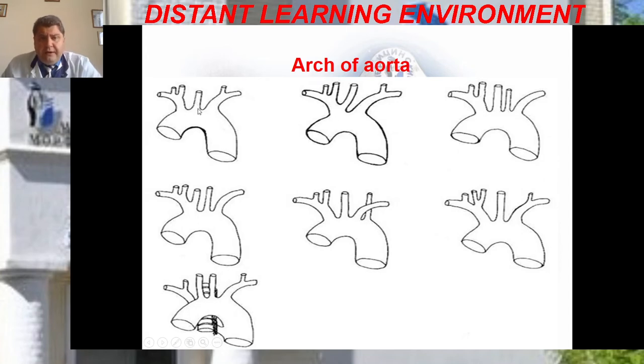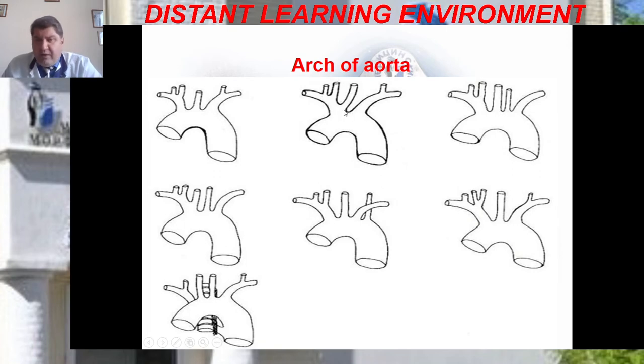But I may tell you that in these cases, for example, you may see right and left brachiocephalic trunks here and here. And also you can see that left common carotid artery starts from right brachiocephalic trunk.